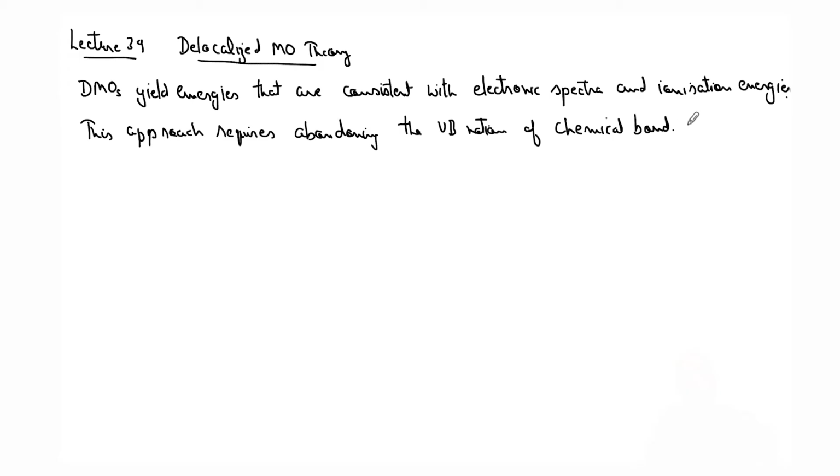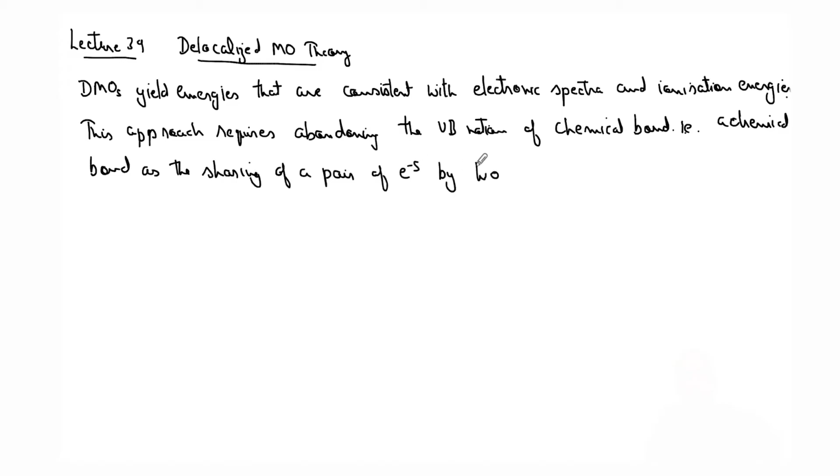The chemical bond as the sharing of a pair of electrons by two adjacent atoms. So this thought we have to get rid of when we are discussing delocalized MO theory.